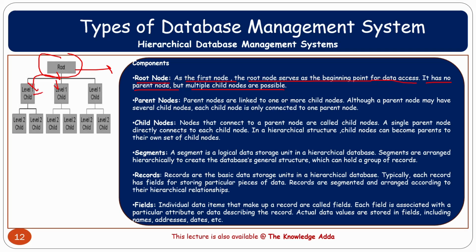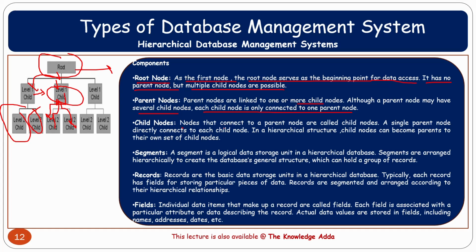Here this child node is working as a parent node for this node. Parent nodes are linked to one or more child nodes. Although a parent node may have several child nodes, each child node is only connected to one parent node. So suppose this is a parent node. Here you can see this parent has two children, but each child has only one parent.